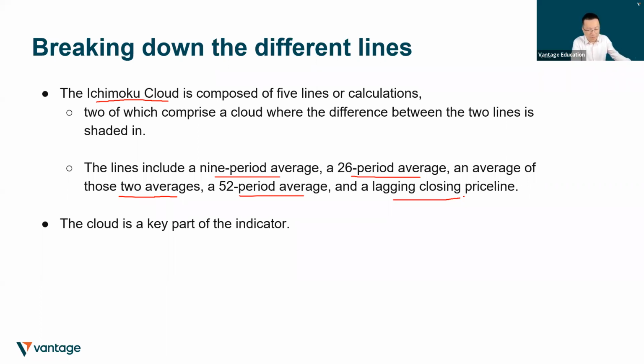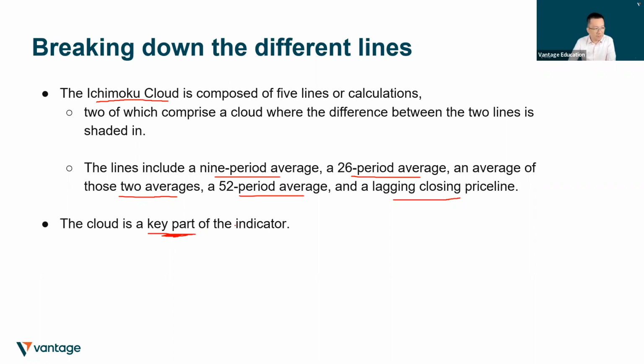Again, I can't stress it enough: don't try to calculate or over-calculate those lines. Focus on how those lines form the cloud, because the cloud is the key part of the indicator.